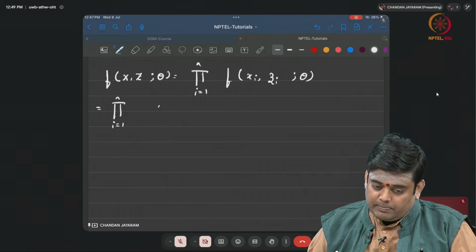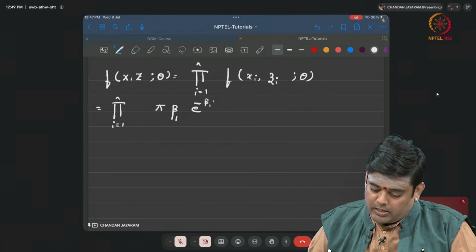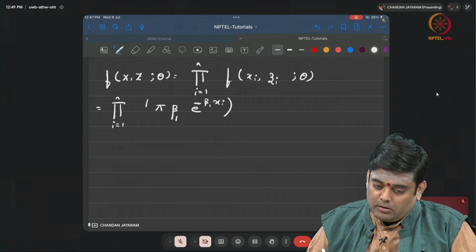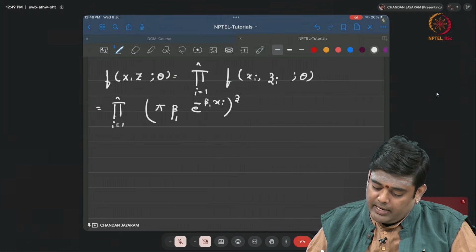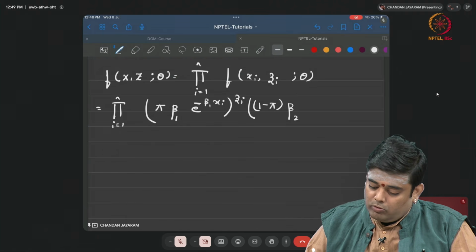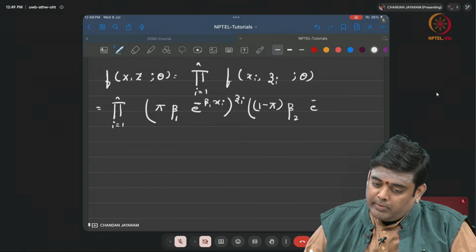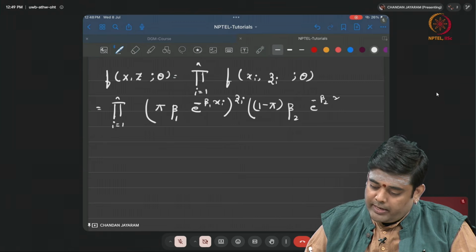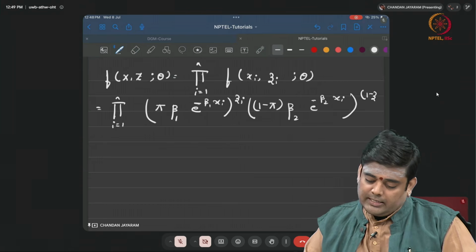This we can write as pi beta 1 e to the power of minus beta 1 xi, to the power of zi, into 1 minus pi beta 2 e to the power of minus beta 2 xi, to the power of 1 minus zi. See, it is quite simple.